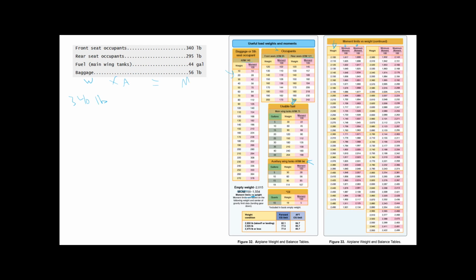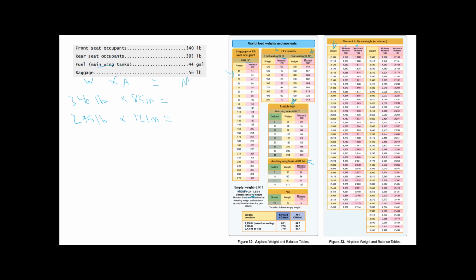Front seat arm is 85 inches, which gives us some moment. We'll do the actual calculations here in a bit. Next, we have the rear seat occupants, 295 pounds, times the arm for the rear seat, 121 inches, equals, again, some moment. We'll calculate in a minute.